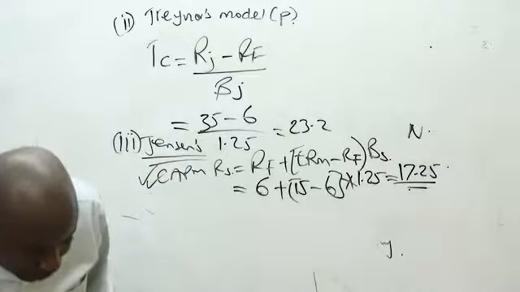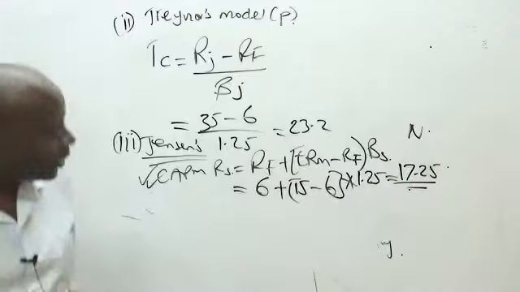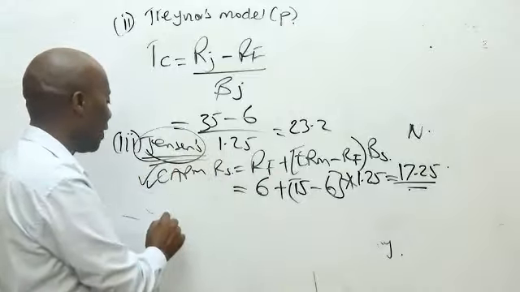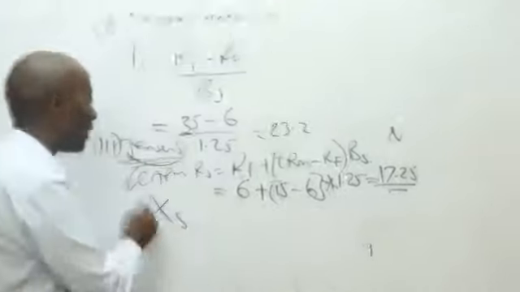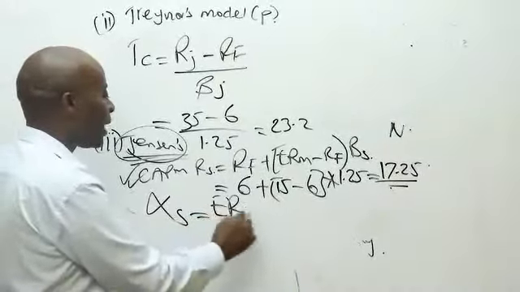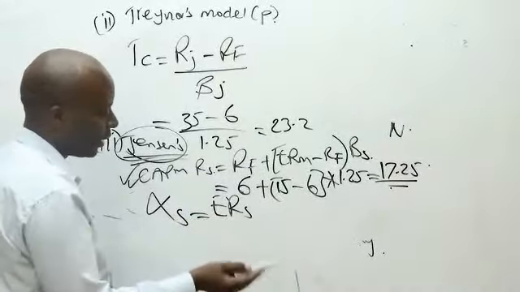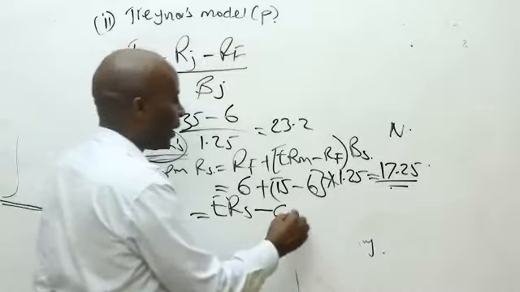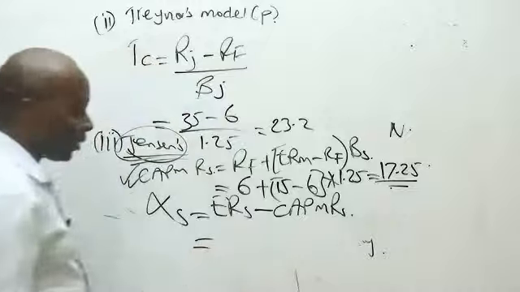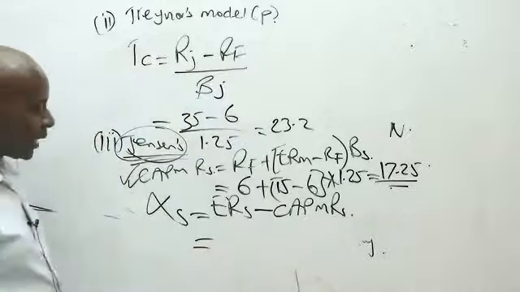Thank you very much. Now, after that, ladies and gentlemen, we'll be able to give you the Jensen's alpha value. So the alpha of any security S will be equal to the expected returns of that security, could be J or whatever, minus the CAPM returns. So we have ERS minus the CAPM returns.